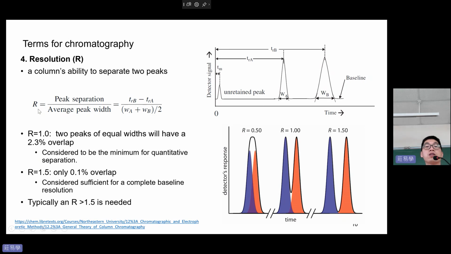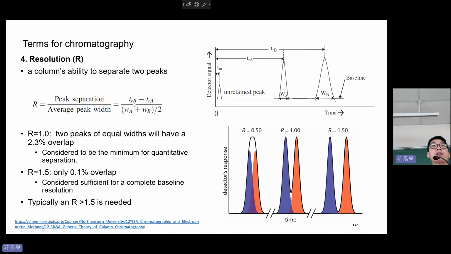When it comes to calculating R, the numerator represents the difference in retention time, TRB minus TRA, and the denominator is the average width of peak A and peak B. So when the widths of the peaks are taken into account, you can better reflect the true ability of the column to separate two peaks.